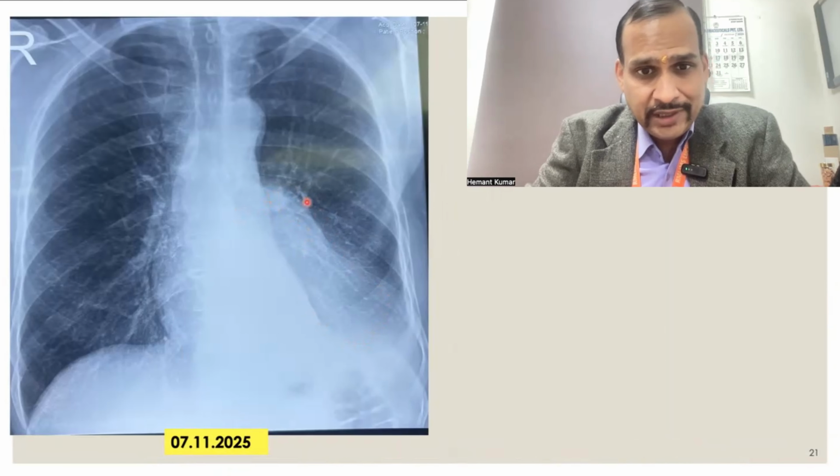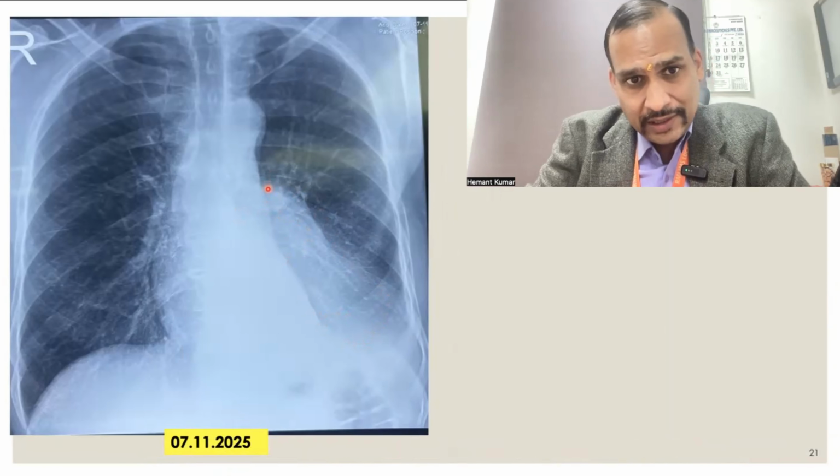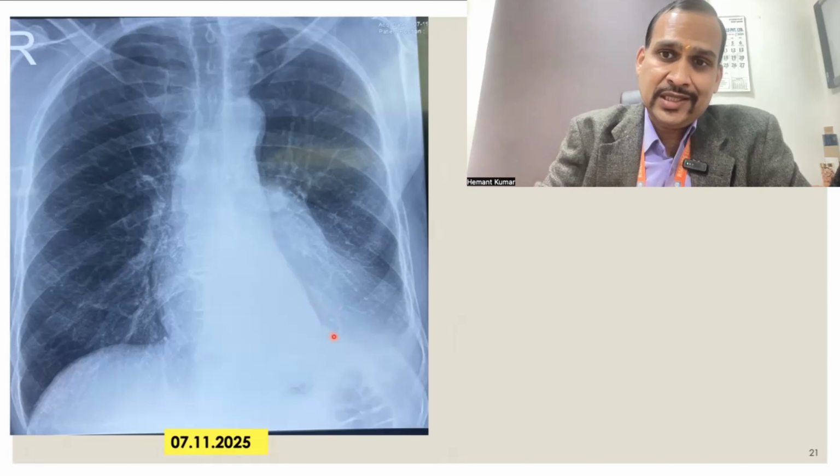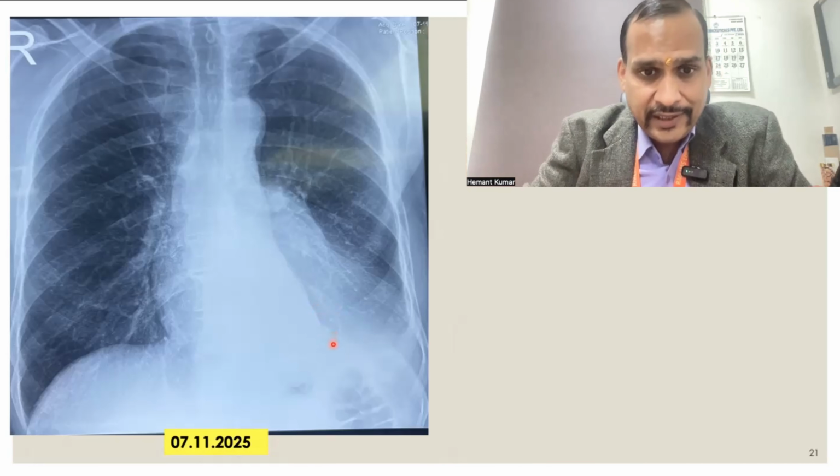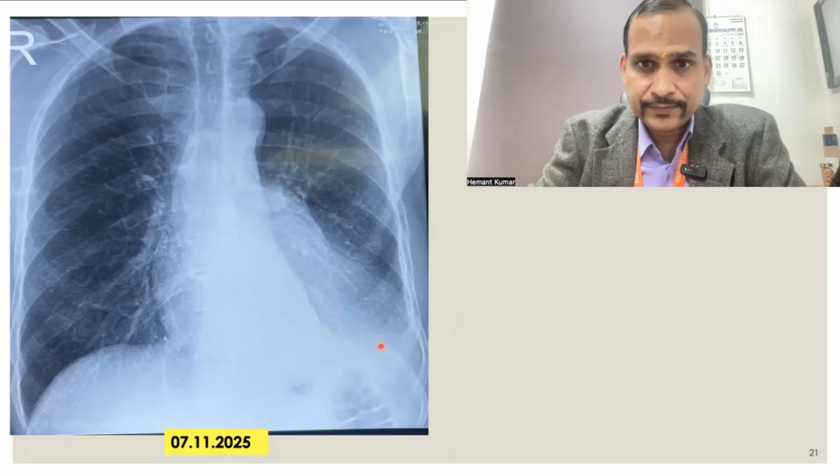If you see carefully, you can see the left heart border. It means this opacity is not silhouetting the left heart border. But there is silhouetting of the left hemidiaphragm.